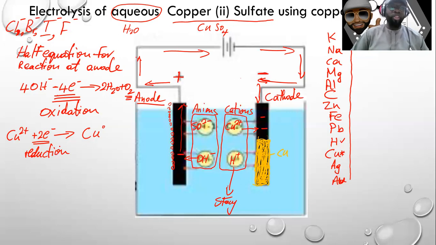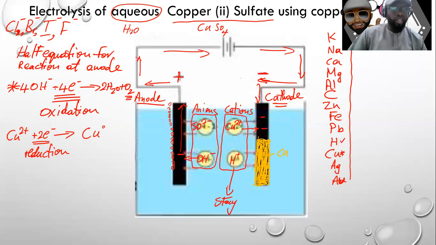So we say this is a reduction half equation at the cathode, because this is occurring at our cathode. Here above, this is an oxidation half equation at the anode. So oxidation at the anode, reduction at the cathode.